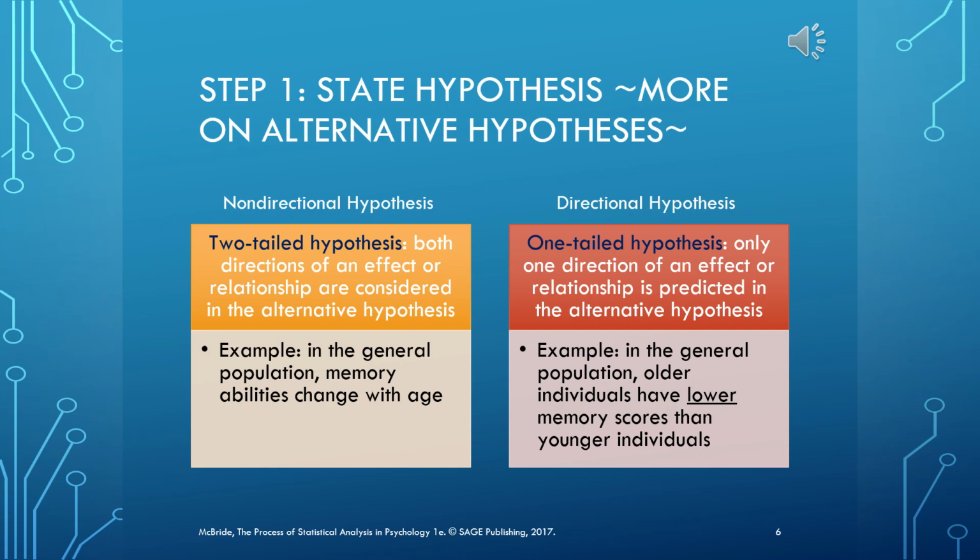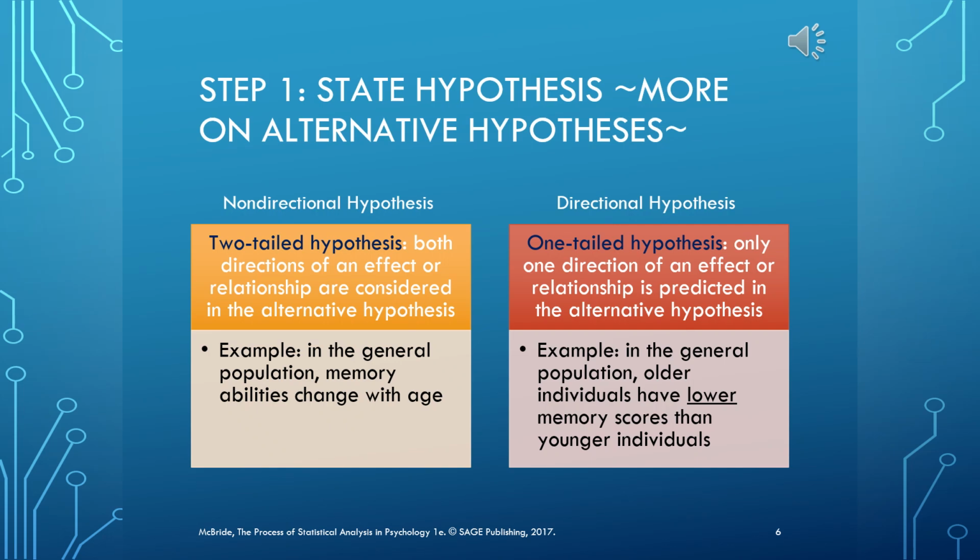A one-tailed hypothesis is directional. So you actually have to commit to saying, like, in general, older individuals have lower memory scores than young individuals. Not just that they're different, but in fact that older people have worse memory scores than younger individuals. So that actually gives a direction.